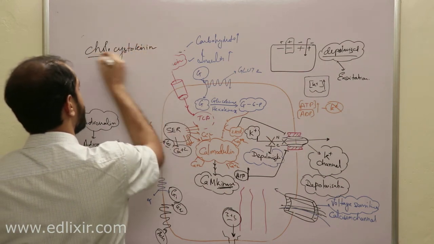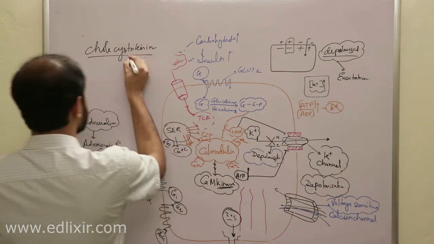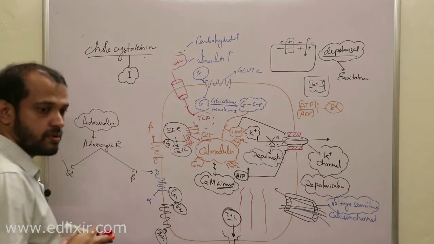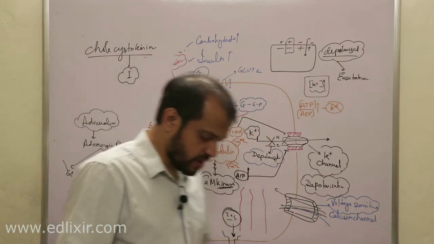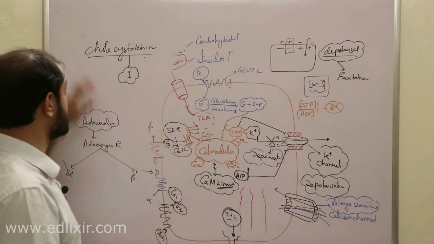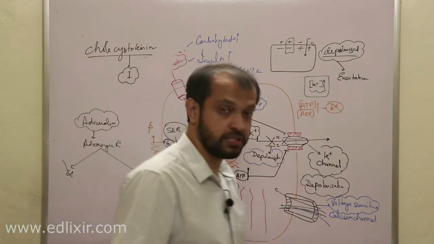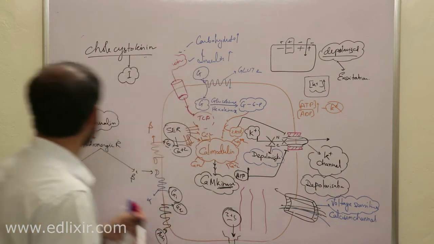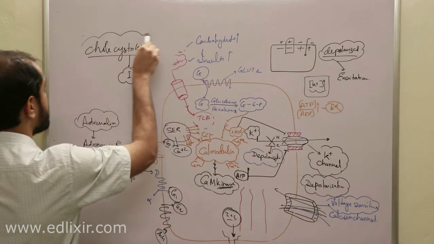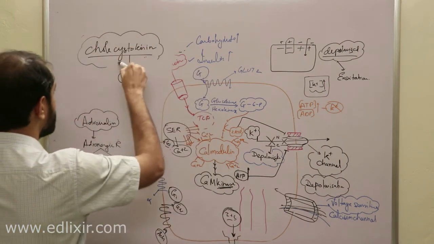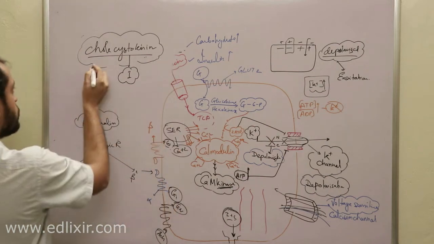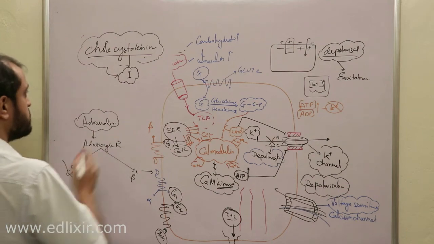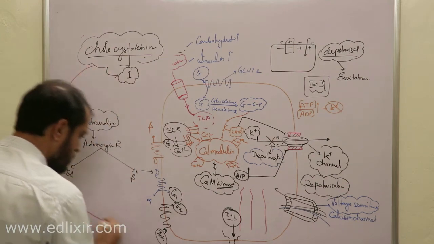Cholecystokinin is a hormone which is secreted from the I cells of the intestine. We have discussed cholecystokinin in detail in our GI class of the alimentary canal. An important point you need to understand is that this cholecystokinin, secreted from I cells, has a similar type of receptor to that of ACh.